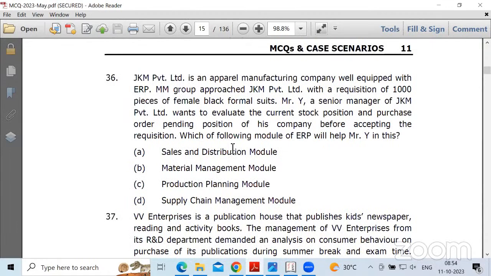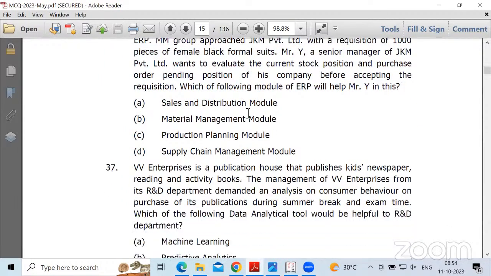JKM Limited is an apparel manufacturing company well equipped with ERP. A group approached JKM with a requisition of 1,000 pieces of female black formal suits. Mr. Y, a senior manager of JKM Limited, wants to evaluate the current stock position and purchase order pending position of the company before accepting the requisition. Which of the following ERP modules will help in doing this? Sales and distribution module, material management module, production planning module, supply chain management module.